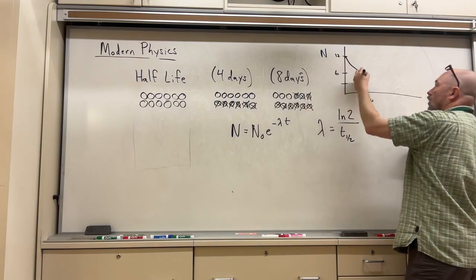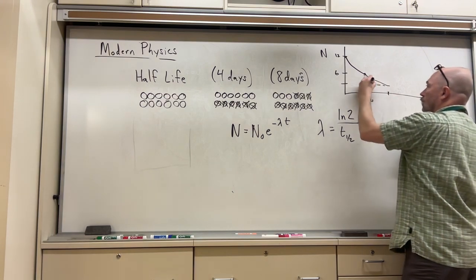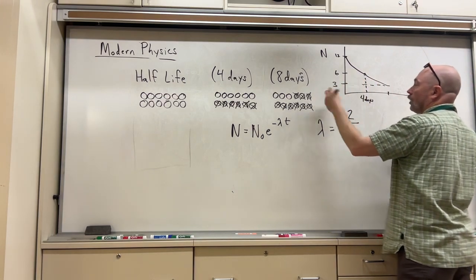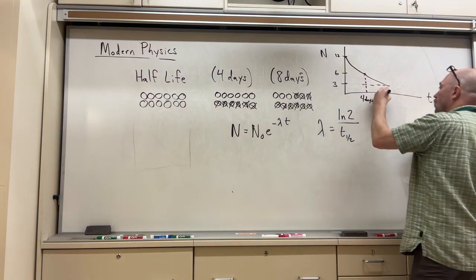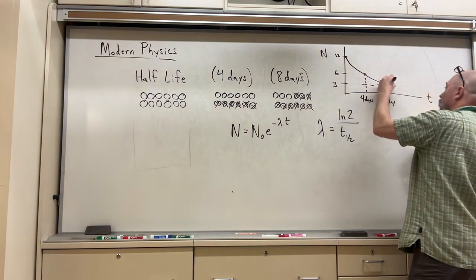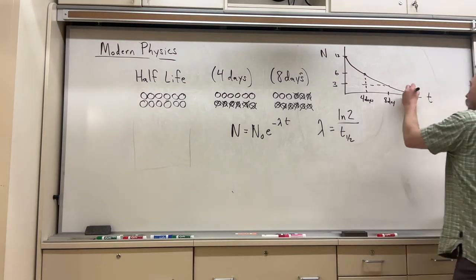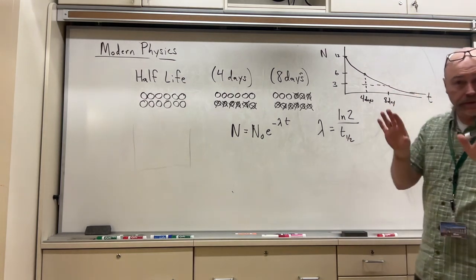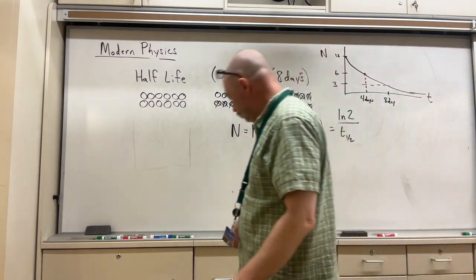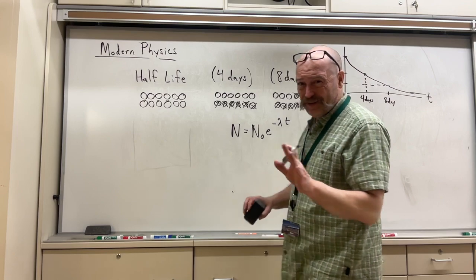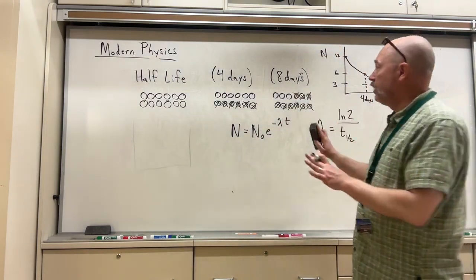And then as it continues to decay, when I get to 3 molecules left, this would be 8 days, and so on. That's what your graph looks like. Then this would eventually approach 0, but it would never actually get to 0. That's half-life. Hopefully that makes sense. Again, you guys aren't expected to know tons with it, just be able to use the equations and understand what it is.